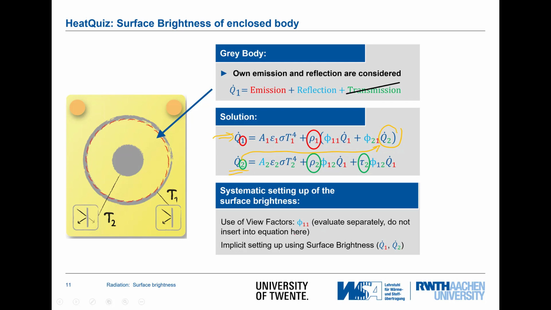So do not put the solution for the view factor into the equation here, just write it down separately so the term is then defined. And you see there's an implicit setting up of surface brightness, because the surface brightness for 1 contains the surface brightness of 2 and vice versa. So these two are interconnected.